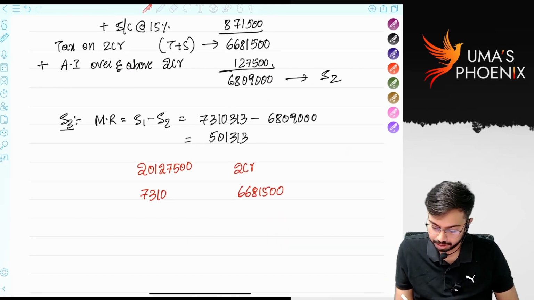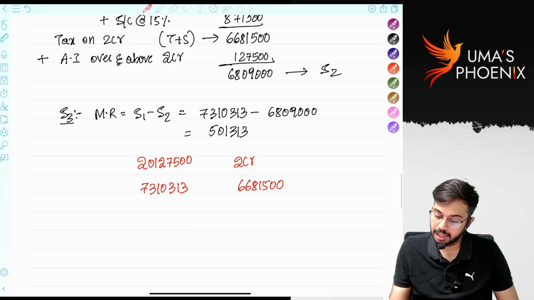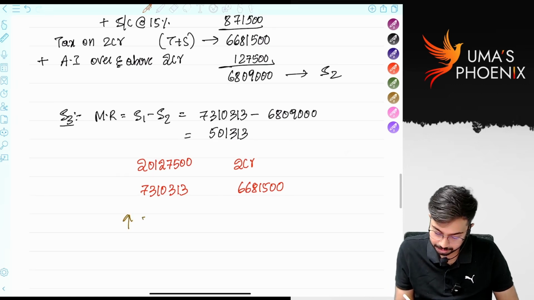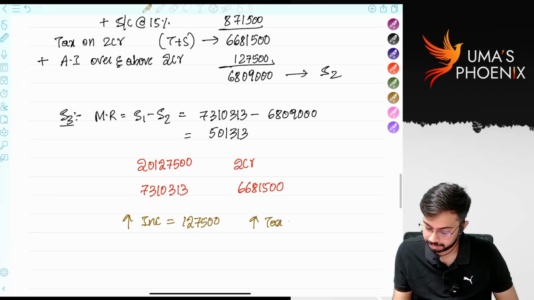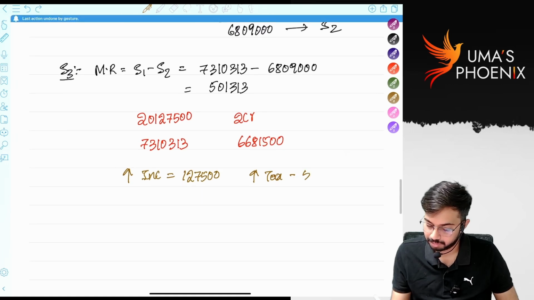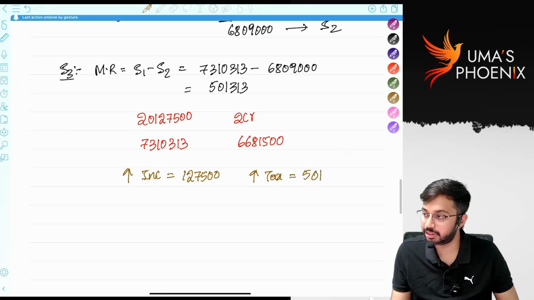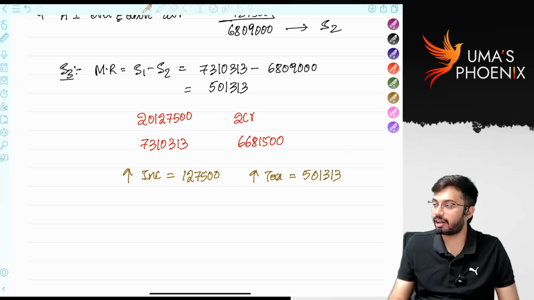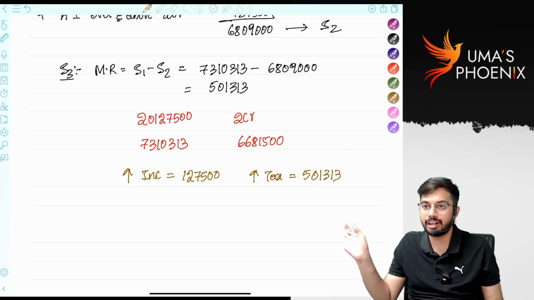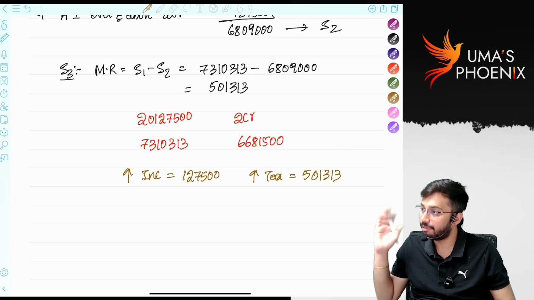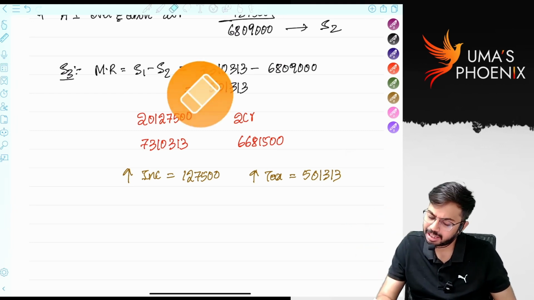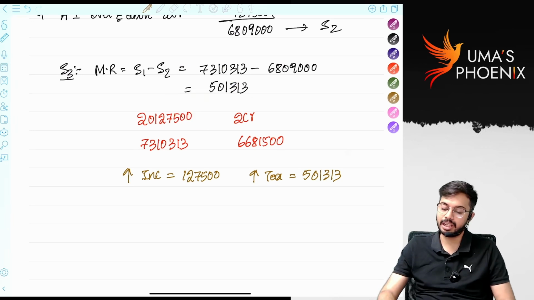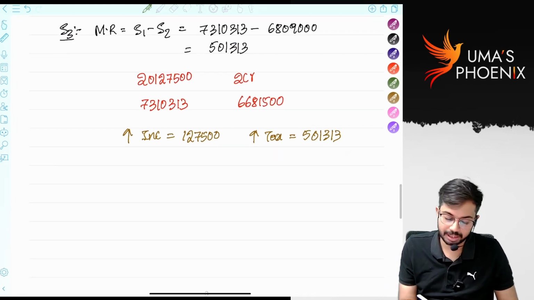That means increase in income is 1 lakh 27,500, and increase in tax is 5 lakh 1,313. It's unfair, right? For a 1 lakh 27,500 increase in income, you are asking to pay 5 lakh tax, correct? So that's why marginal relief is allowed.